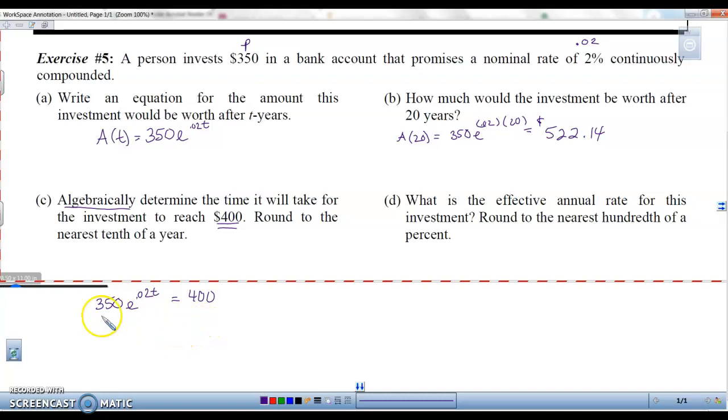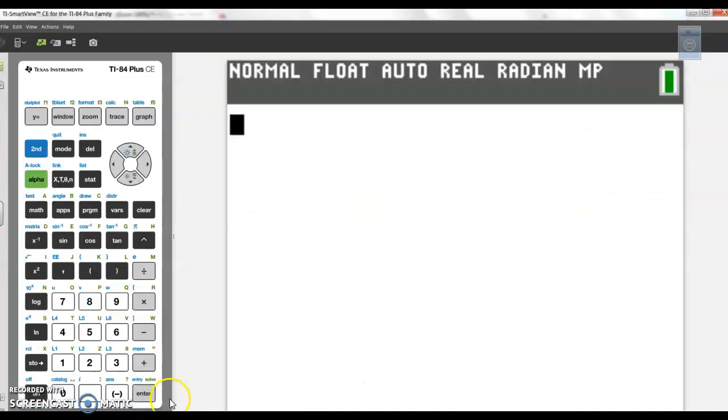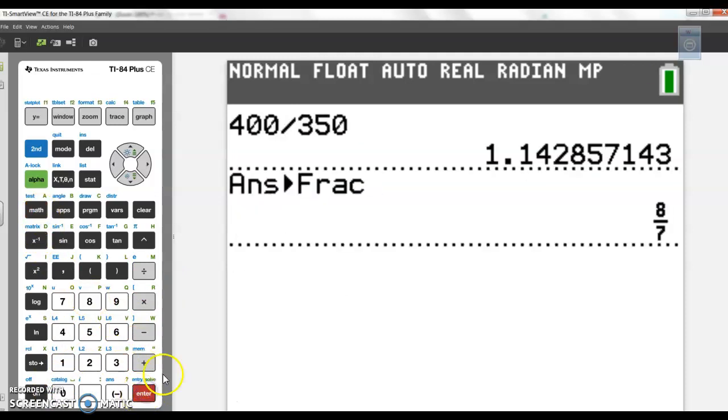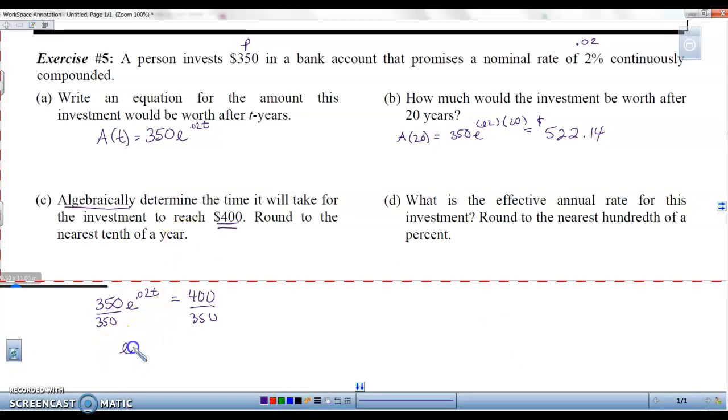We want to get the exponent by itself, so we divide by 350. 400 divided by 350 gives 8/7. So e to the 0.02t is equal to 8/7.